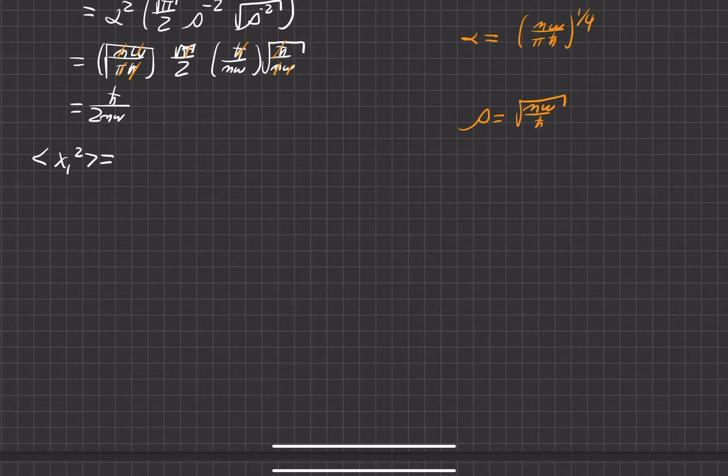So the first excited state will end up being, let's see here. We'll just go ahead and move the constants out front. You can just sandwich the x squared in between the two values for the first excited state, and it ends up being relatively easy to do.